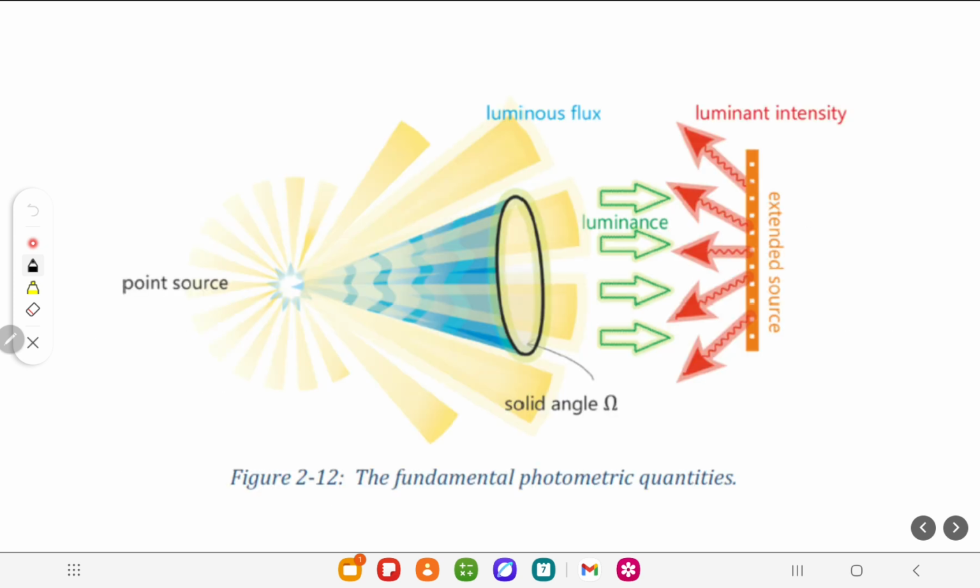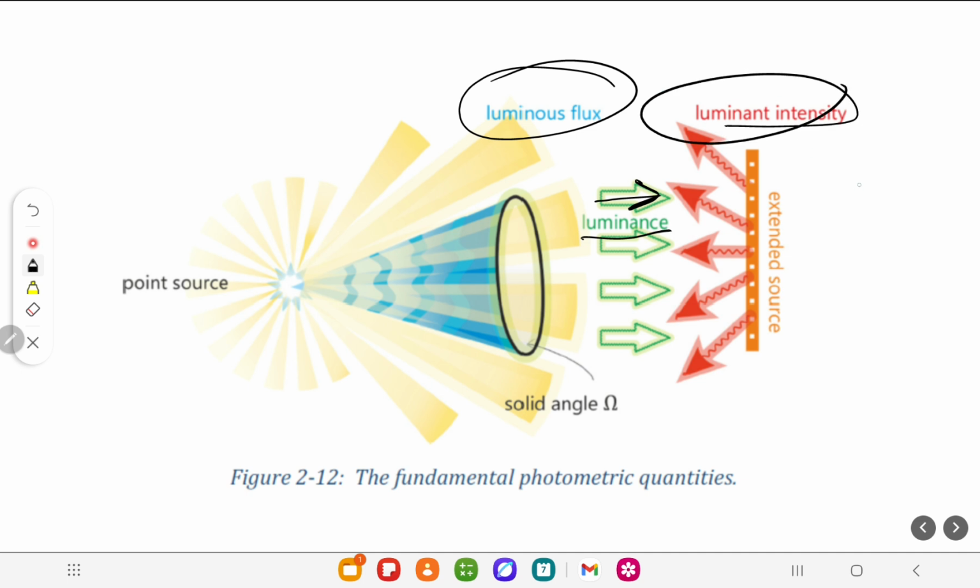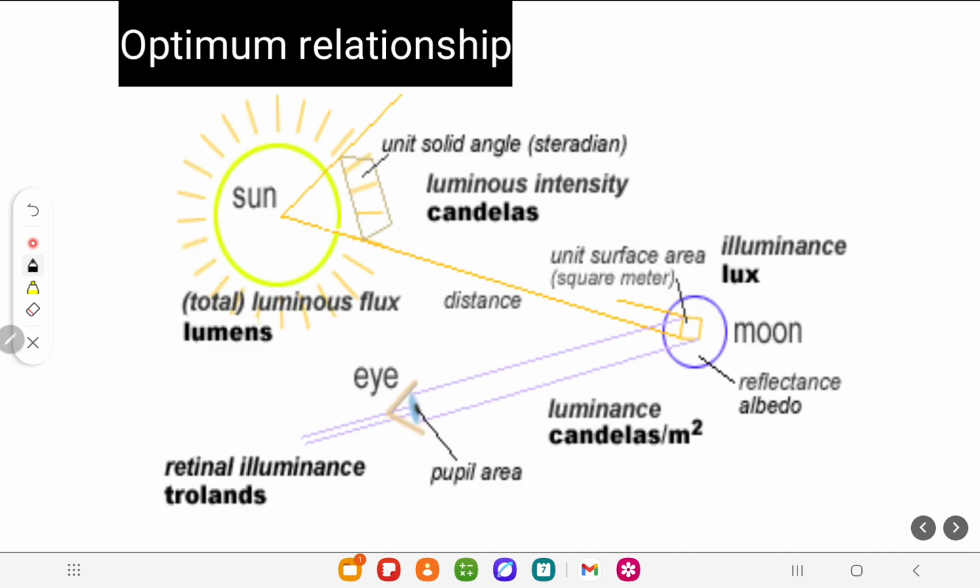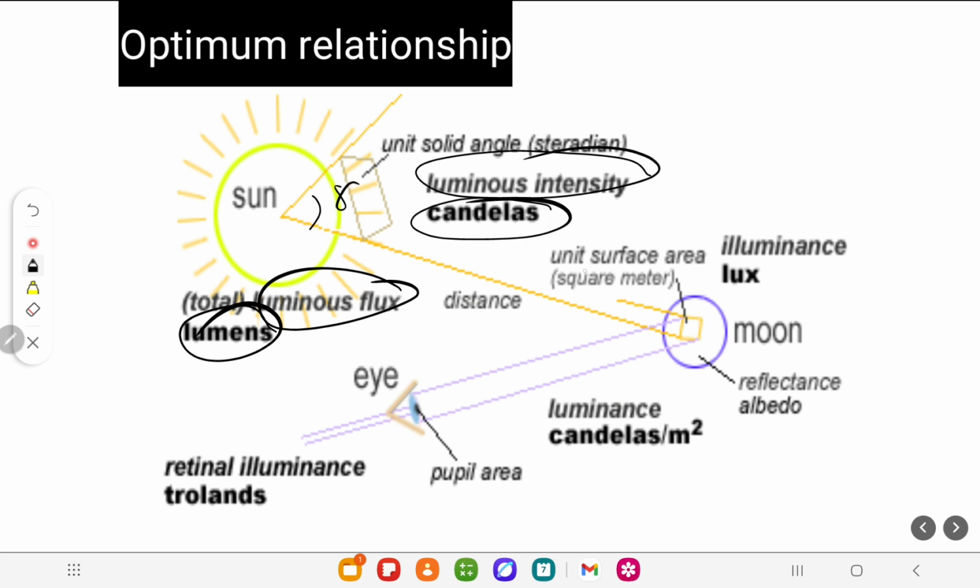So when light is going out, luminous flux is basically all the light that is going out, and luminous intensity is the flux from the source. It's essentially important. When the sun throws light, it's always luminous flux, total lumens, and luminous intensity, which is luminous flux per steradian, in candela.